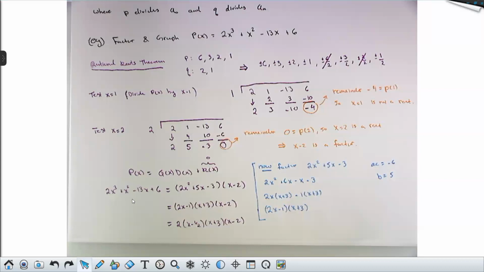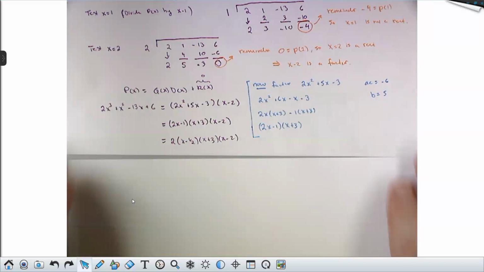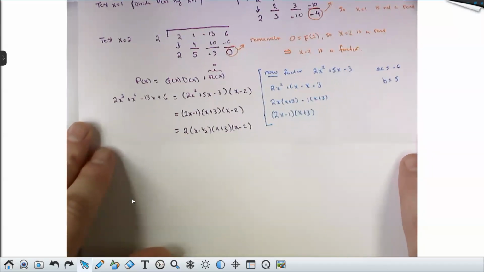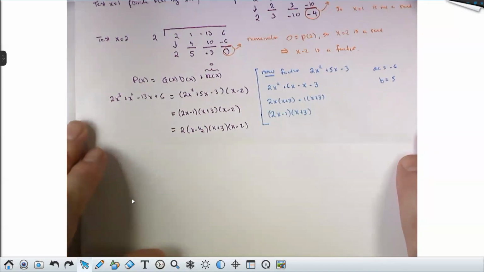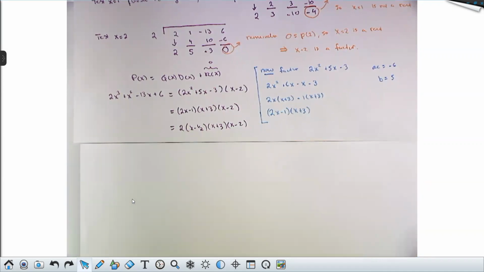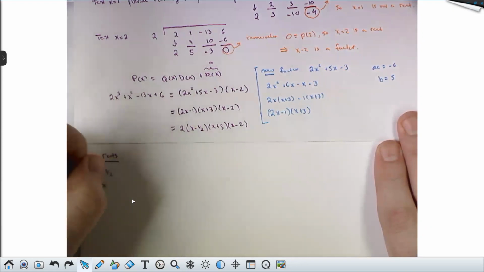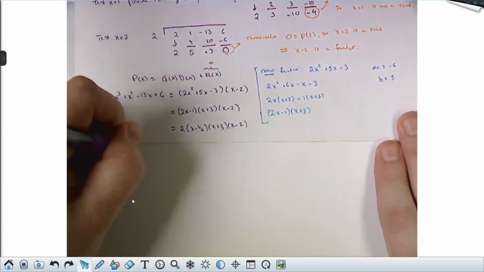Okay, we did say we want to draw the graph, so let's draw the graph. For the graph, I need the end behavior and the local behavior near the roots. So since we just factored, let's go ahead and write down the local behavior near the roots. My roots are positive 1/2, negative 3, and positive 2, and their multiplicities.